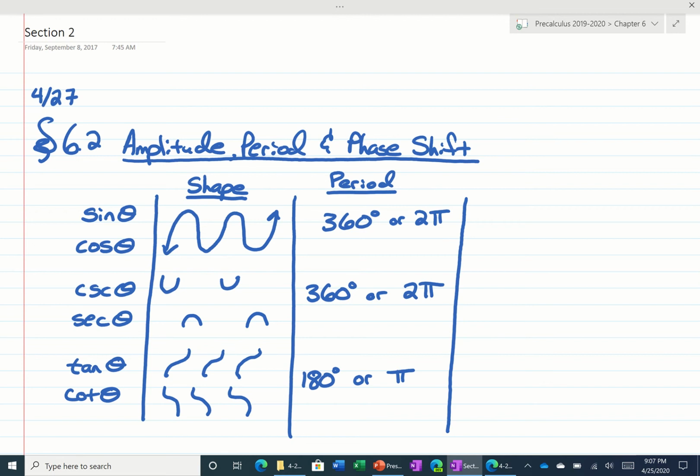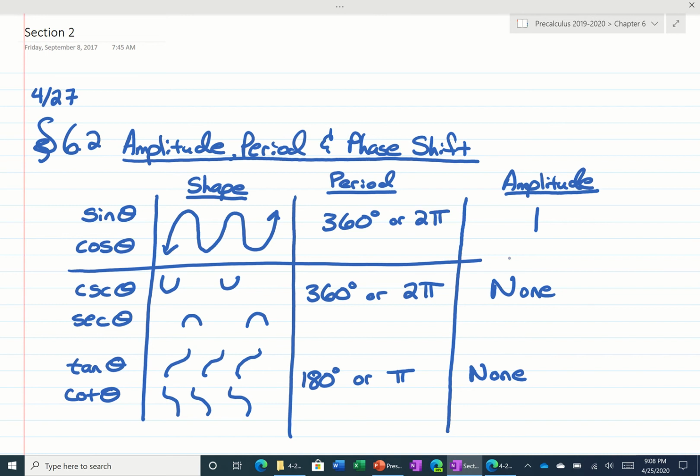Period means how often they repeat. And then the last one is amplitude. Amplitude is just the height of a wave from the middle. Sine and cosine usually have an amplitude of 1, and everything else we're going to say none for these graphs. So that's a little bit of a review about where we're coming from.